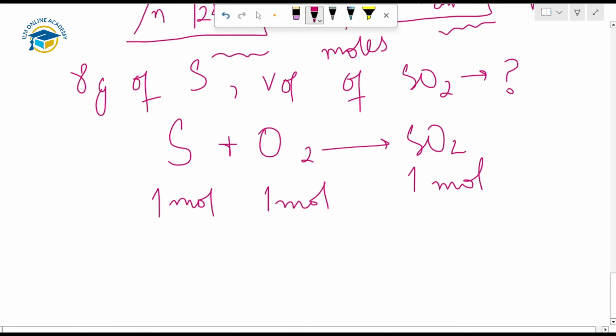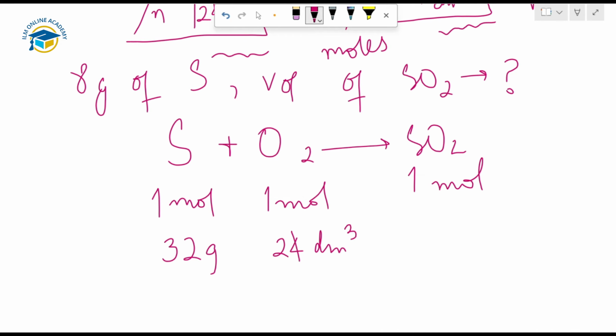1 mole of sulfur has a molar mass of 32 grams, and 1 mole of oxygen, as it is a gas, has a volume of 24 dm³. 1 mole of sulfur dioxide produced is also a gas, so it has a volume of 24 dm³. Sulfur dioxide is a gas, so the volume is used.